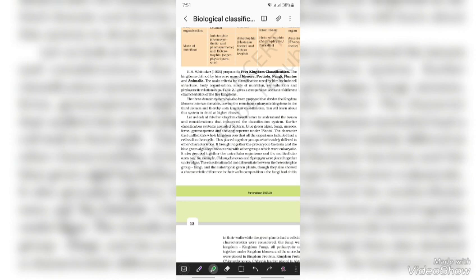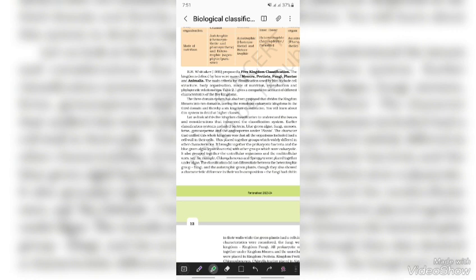This placed together groups which were widely different in other characteristics, and brought together the prokaryotes, bacteria and the blue-green algae, cyanobacteria, with other groups which were eukaryotes. It also grouped together unicellular organisms and multicellular ones. For example, Chlamydomonas and Spirogyra were placed together under algae.